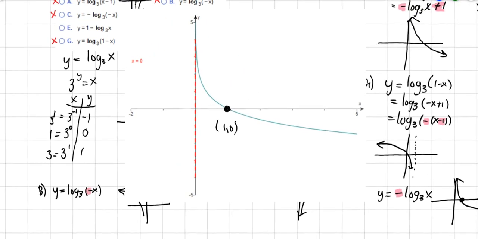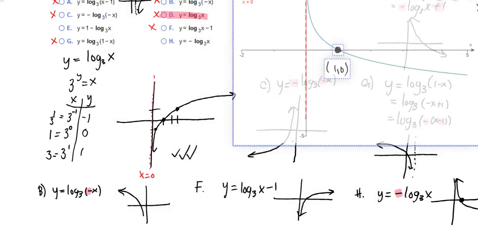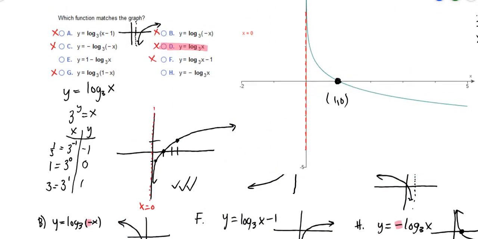If you look at the first graph that we drew, that had 1, 0 on it. So if we shifted that to the right, it would move that point to 2, 0. So this one right here is out, and this is the one that matches.